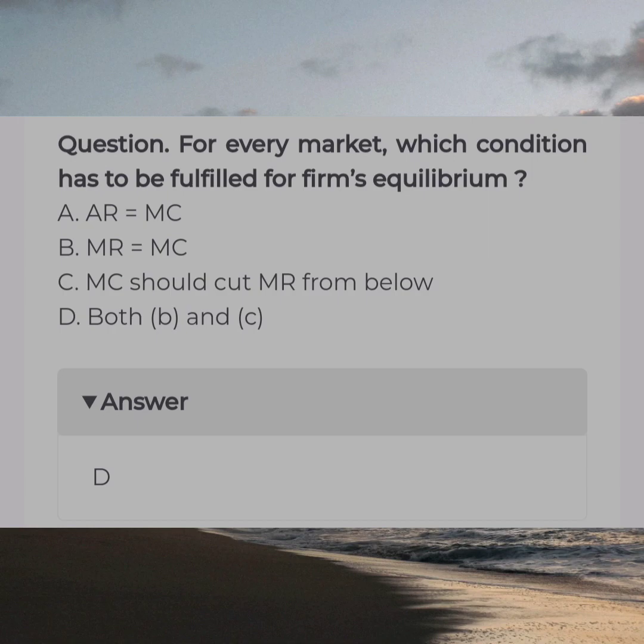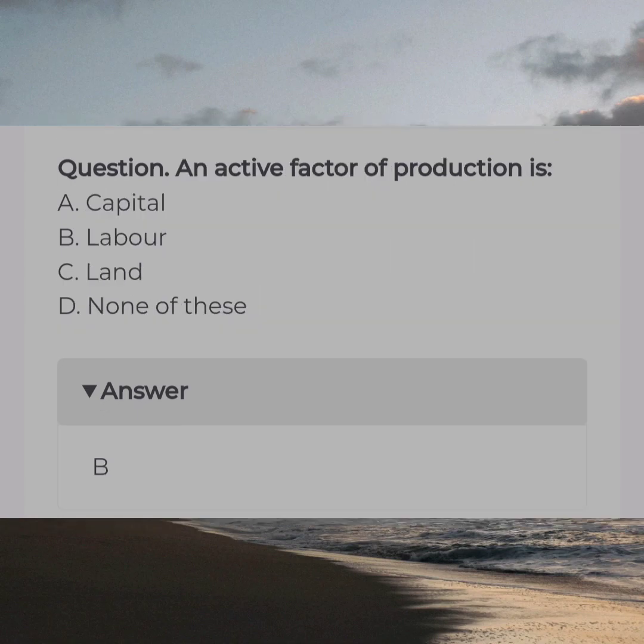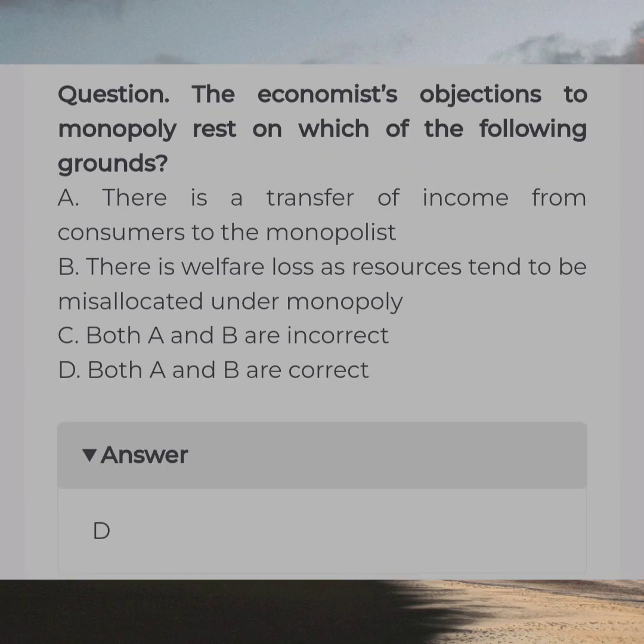Answer D, both B and C. An active factor of production is answer B, labor. The economics objections to monopoly rest on which of the following grounds? Answer D, both A and B are correct.